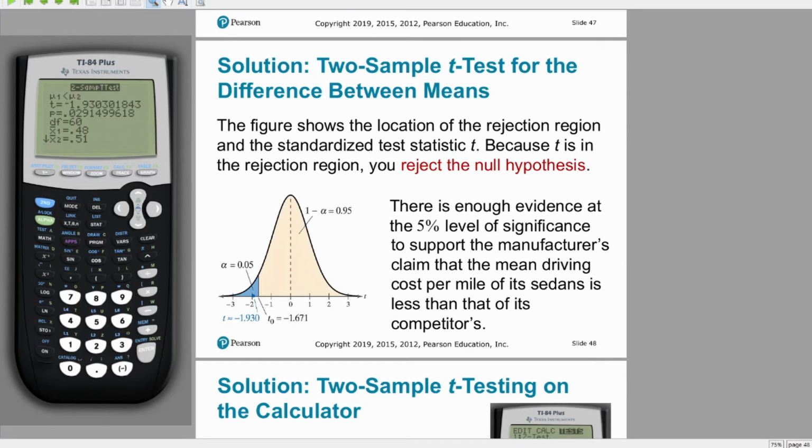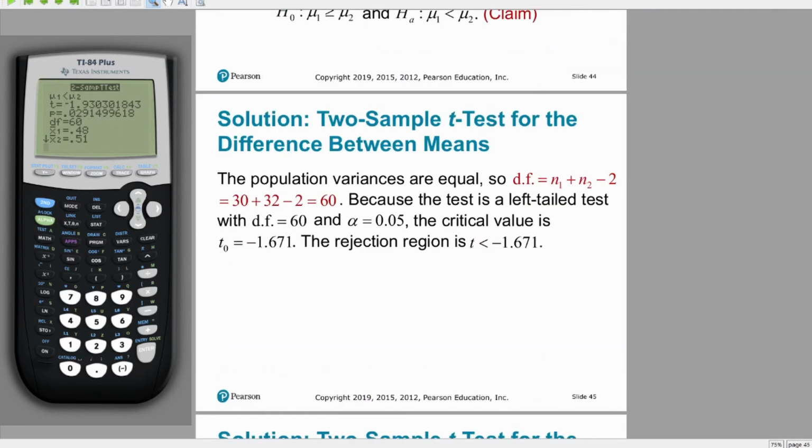And similarly, if you want to do this with the critical value approach instead, we would go back up to here, understand that because these things are pooled, when we're putting it in to the inverse t function, we will have 60 degrees of freedom. Oh, not the area. I'm a little ahead of myself.